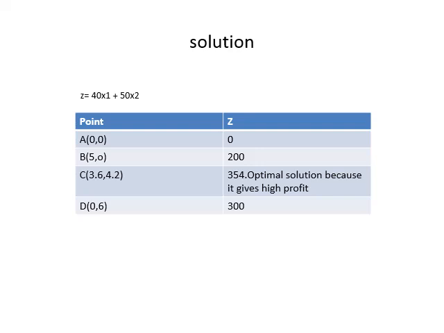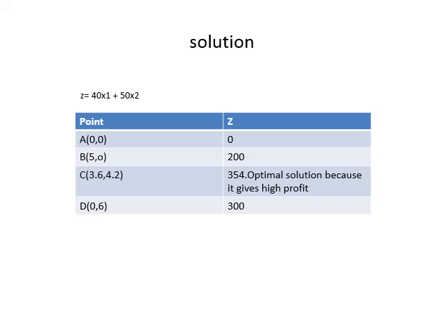If point A equals 0 0, that means x1 at point A equals 0 and x2 equals 0. 40 multiplied by 0 plus 50 multiplied by 0, so we will get 0 profit.